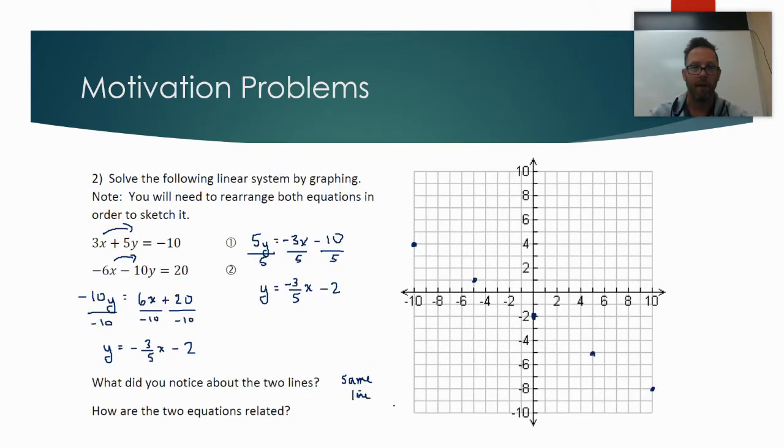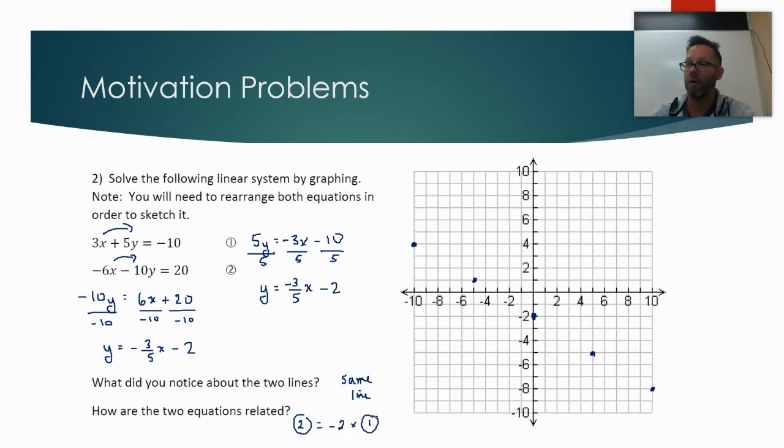If you look at the second, the same thing happens here too. Equation 2 is equation 1 with all the terms multiplied by -2. The equations are multiples of each other.